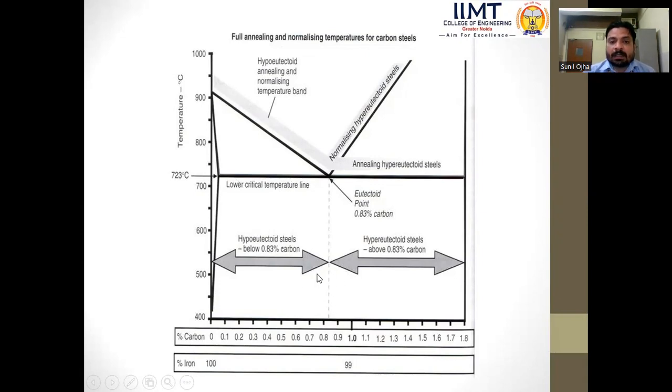At 0.8% carbon, before that is hypoeutectoid steel, and 0.8 to 2% is hypereutectoid steel. So we perform annealing based on the composition and temperature range, and the critical temperature.